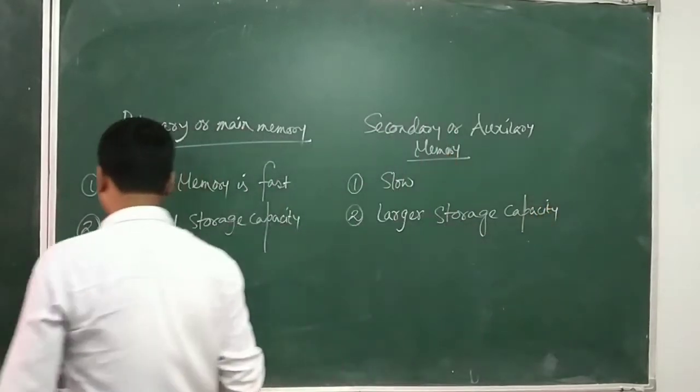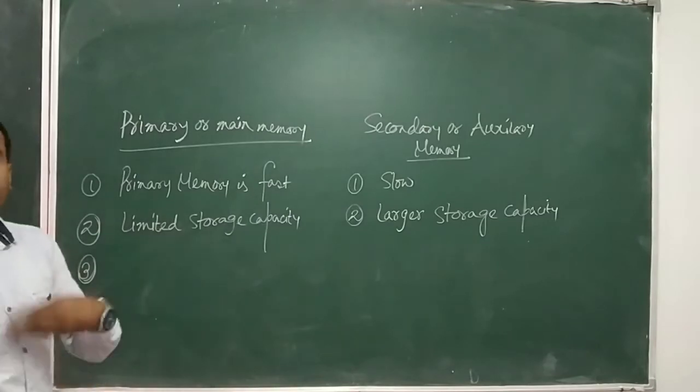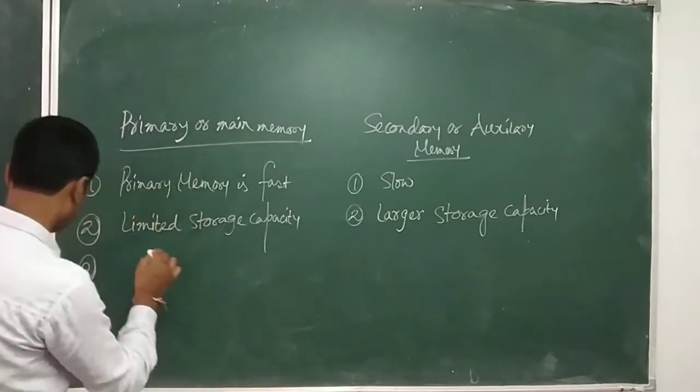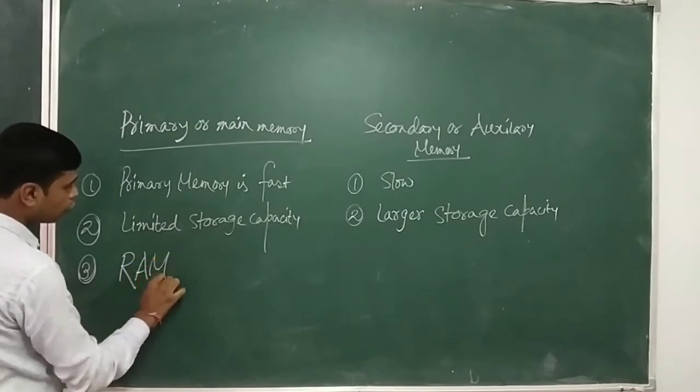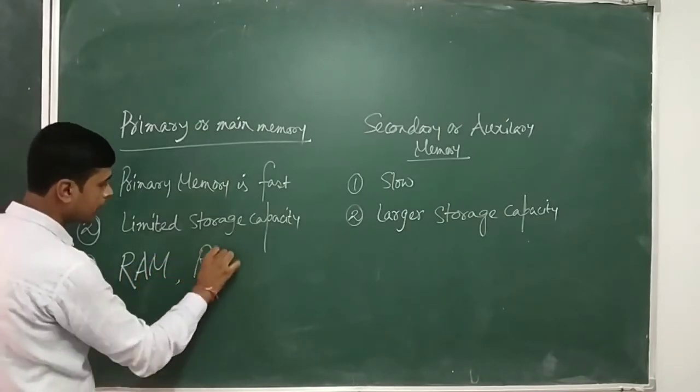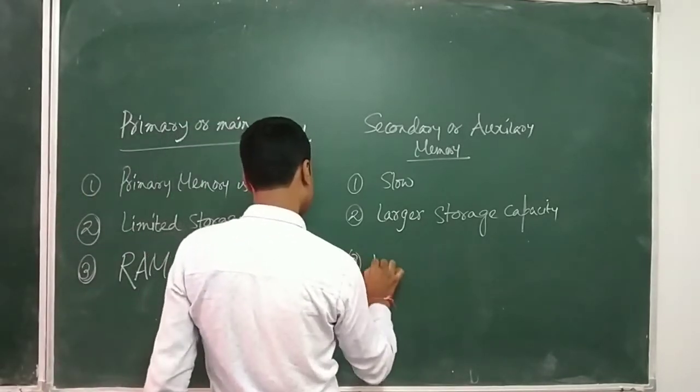Next, number 3. Primary memory or main memory is classified into RAM and ROM, whereas secondary memory has no classification.